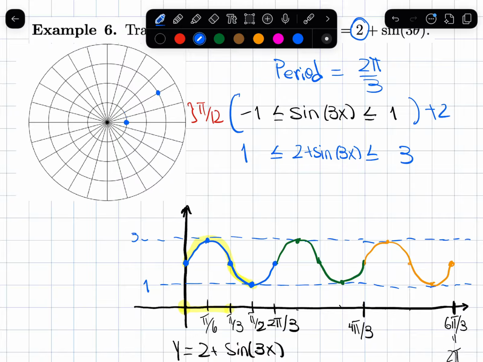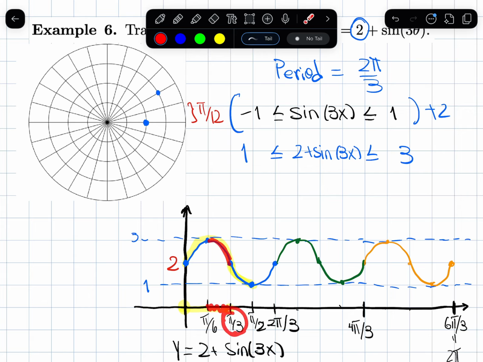At pi over 3, we should be back at 2. Yes, I was doing this wrong, right? Because this is 2. This is 2. So we don't start at 1, we start at 2. Good thing I checked. And then on the next step from this piece here, we decrease from 3 to 1.